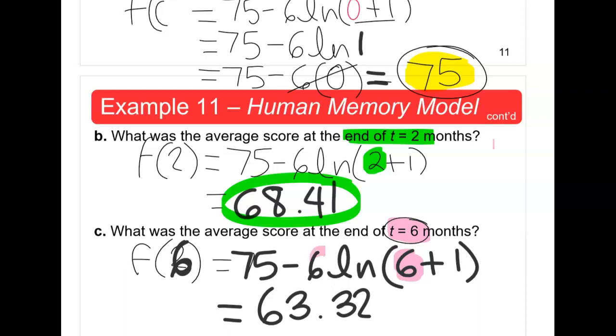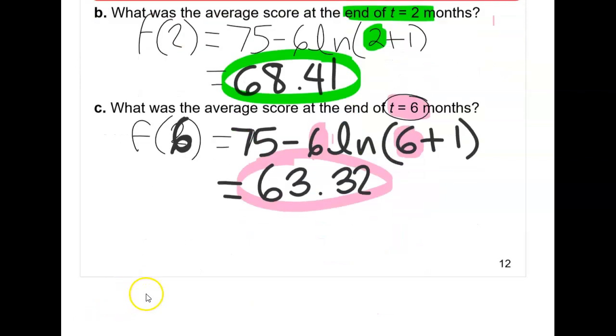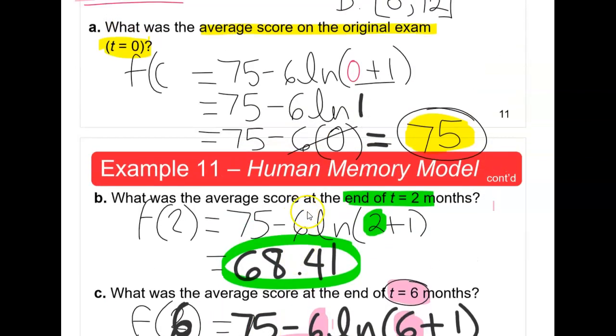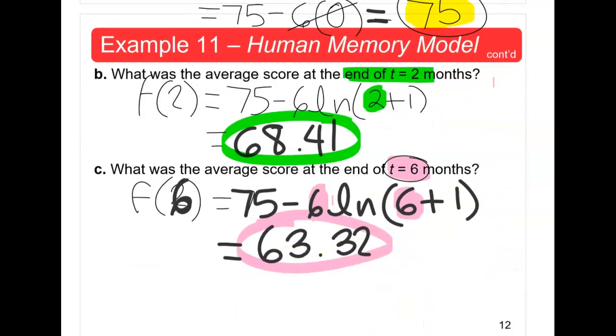Here, this number 6 is multiplying, so you don't even need to put a symbol in between. The calculator will read it as multiplication, and then the average score after 6 months, I got 63.32. And just make sure that you are pressing the correct key, the one that says LN for natural log. So this is the end of the video.